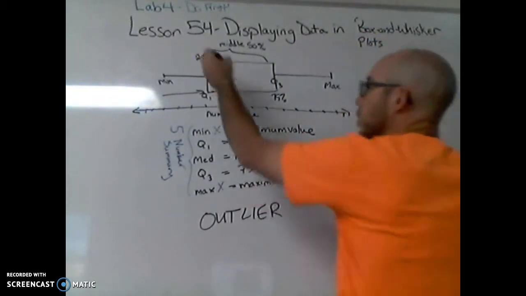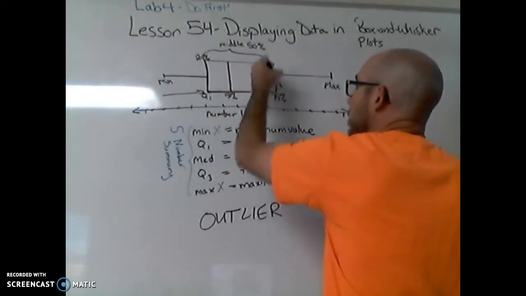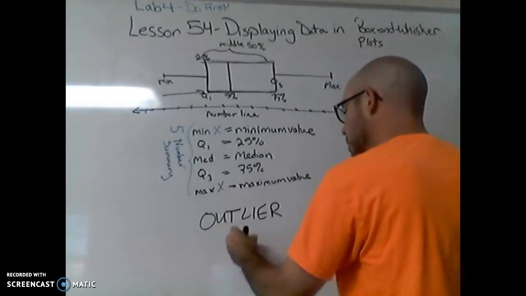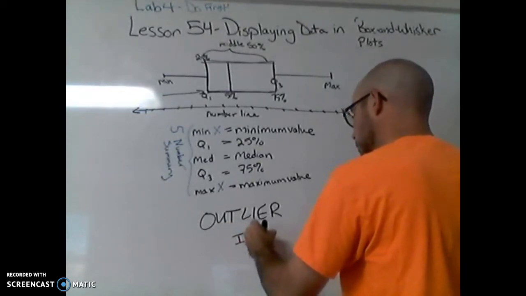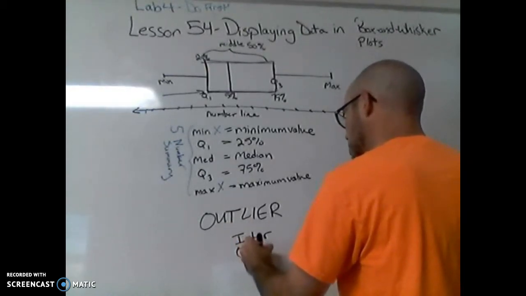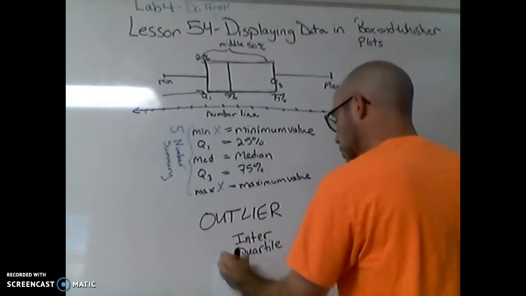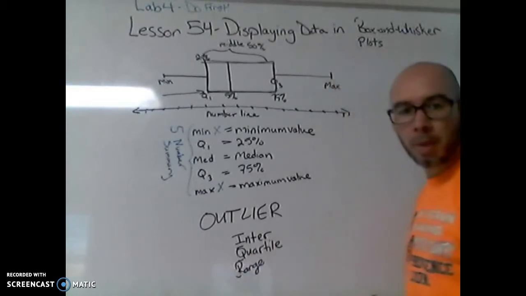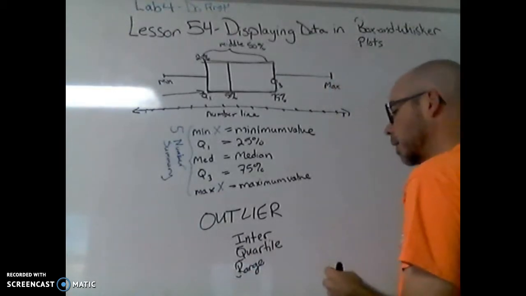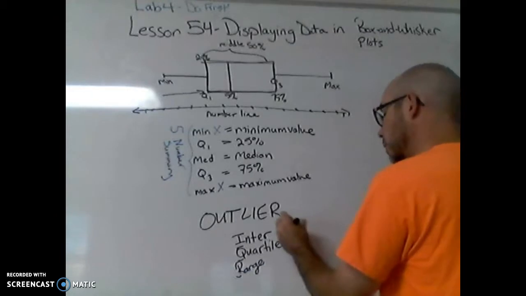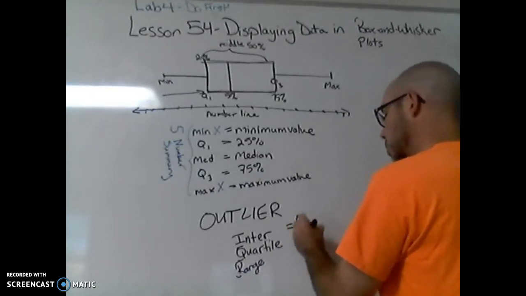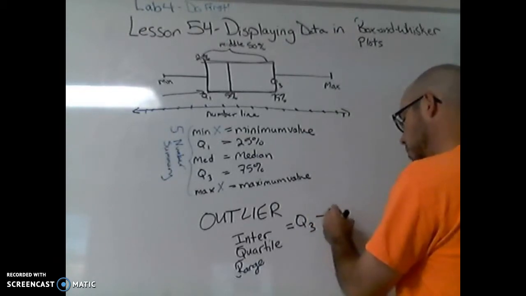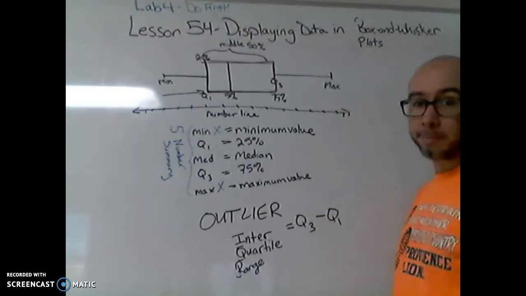The first thing is that we have to figure out how wide this box is. That's called the Interquartile Range, or the IQR. The way that you find the interquartile range is that you take your quartile 3 number and subtract from that your quartile 1 number.